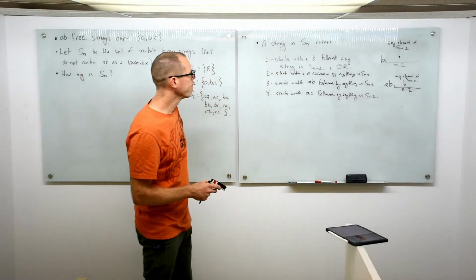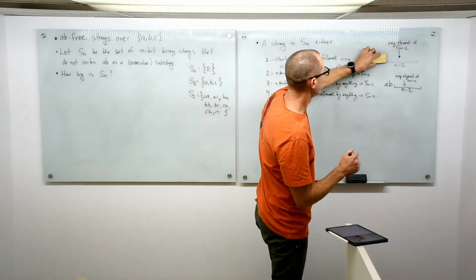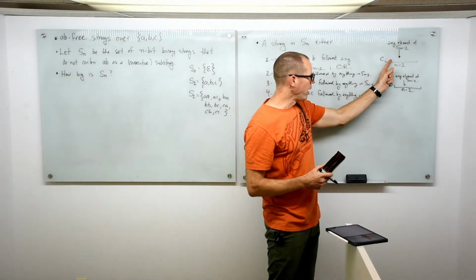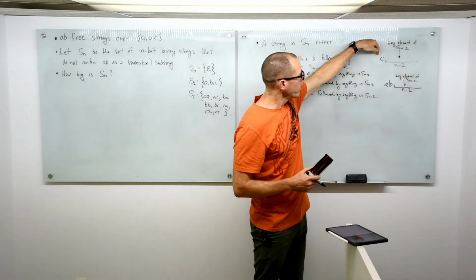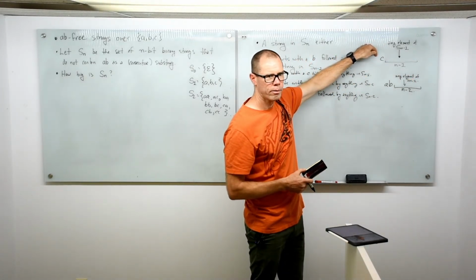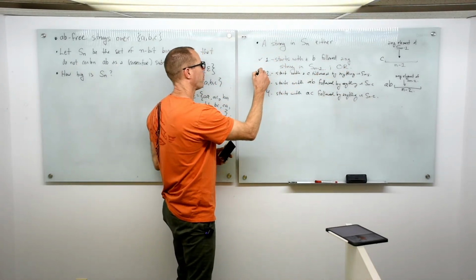Okay. Similarly, if I put a C here, take anything that I want of length n minus 1 that doesn't have an AB in it, and when I attach a C to the front of that thing, I still won't get an AB. So these two things check out.